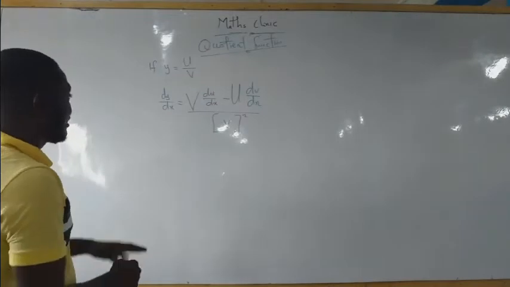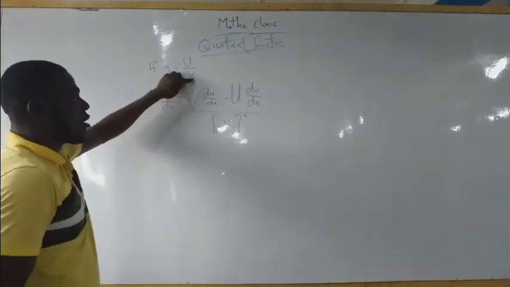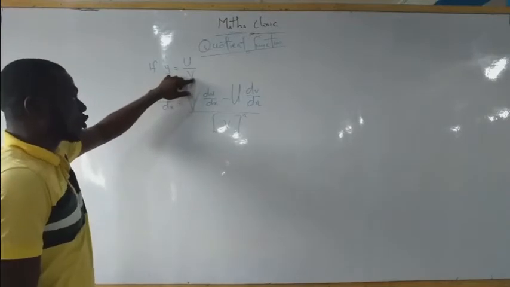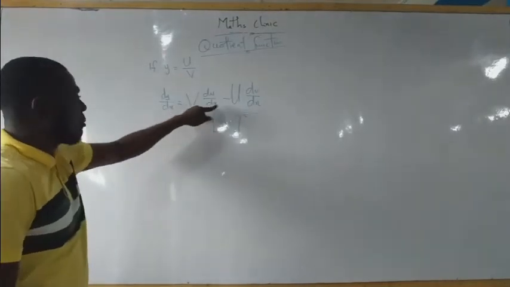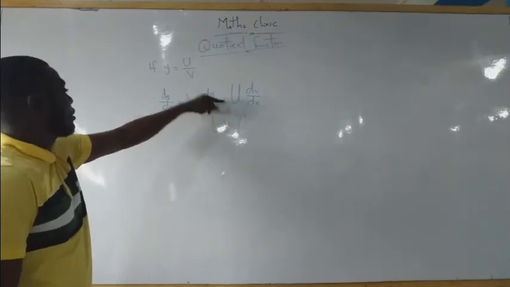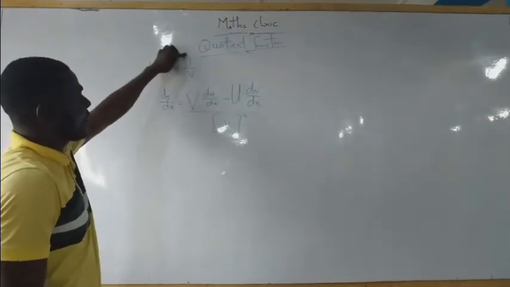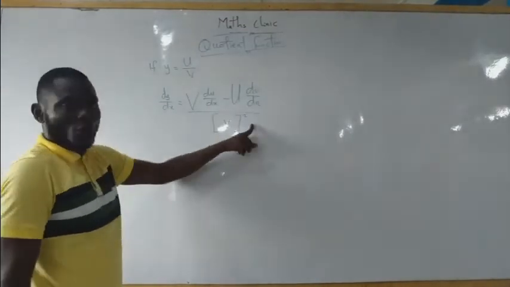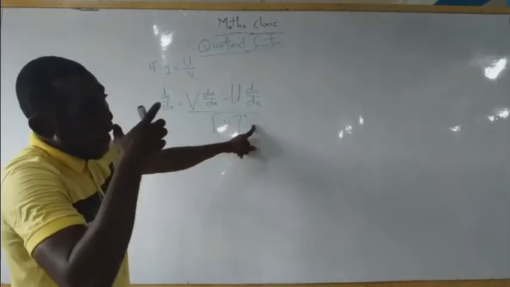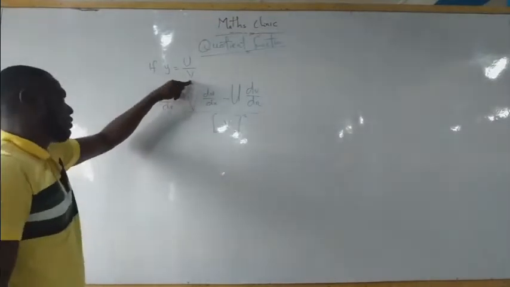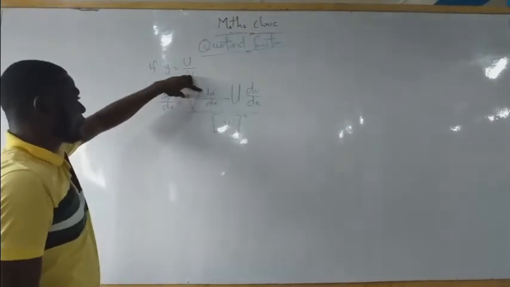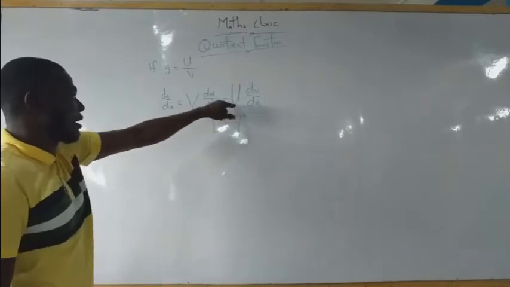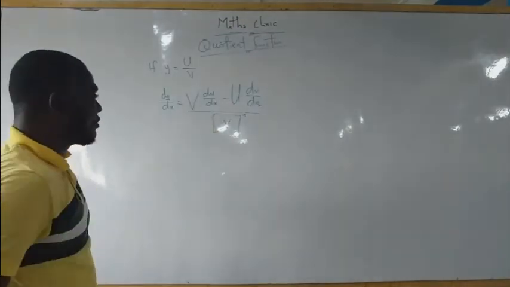That is the bottom. Bottom times du dx minus top times the bottom dx, over bottom squared. The bottom is v, so that's v du dx minus u dv dx, everything over v squared.